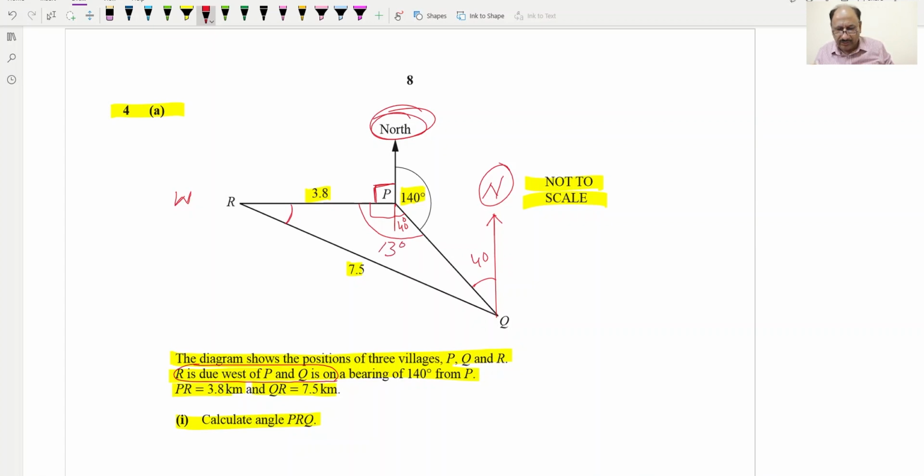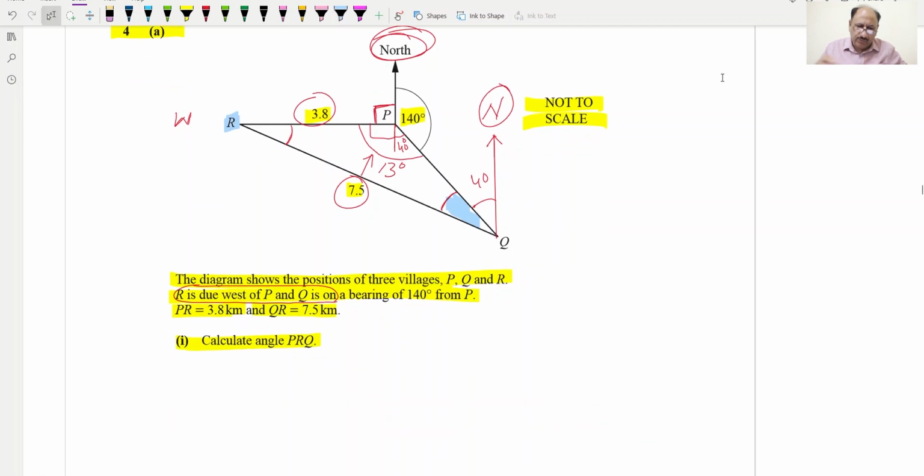Now we require angle R, but we have the measurements and the angle 130, which is opposite to 7.5. So first we will find angle RQP, and then we will find the targeted angle R.